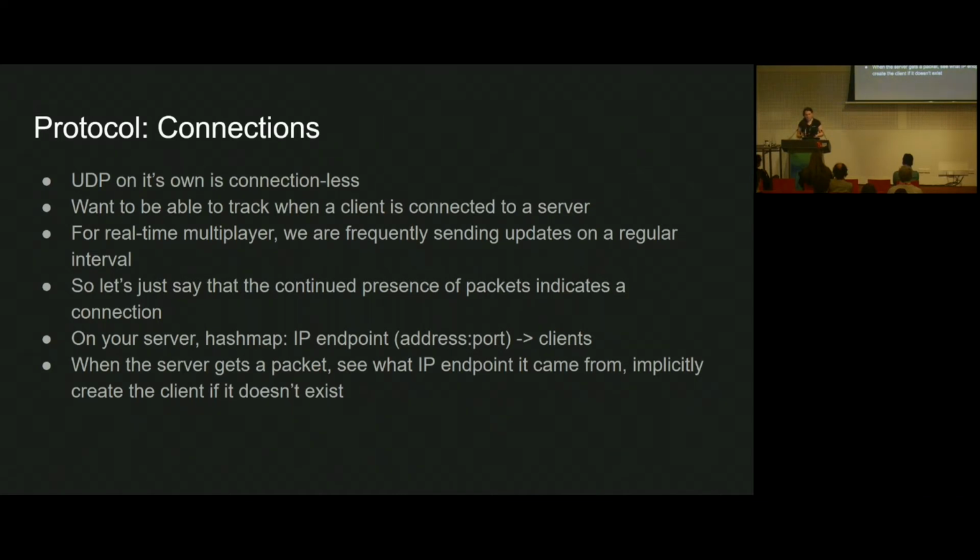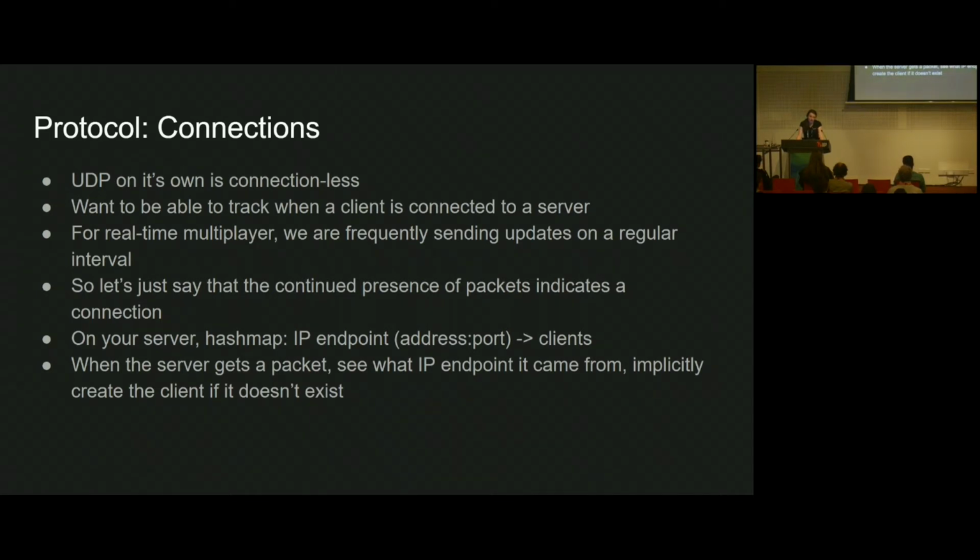And we can actually take advantage of our particular requirements for this protocol. We don't necessarily need the connection negotiation you might see in TCP, because for real-time multiplayer, we're constantly sending updates to the server and client. They're both talking to each other very frequently, in fact, on a regular tick rate. So we can actually cheat and say that the continued presence of packets is what indicates a connection. We don't need to explicitly go and set one up.